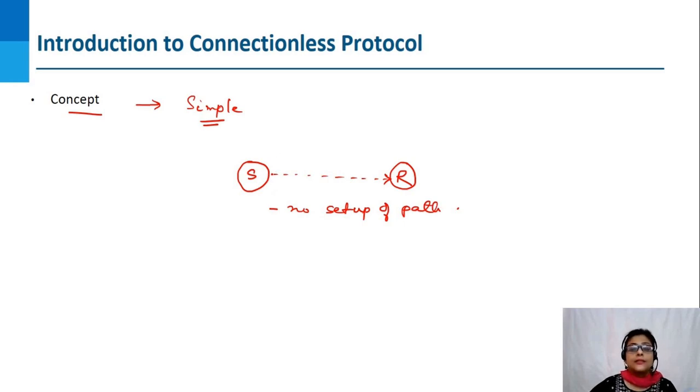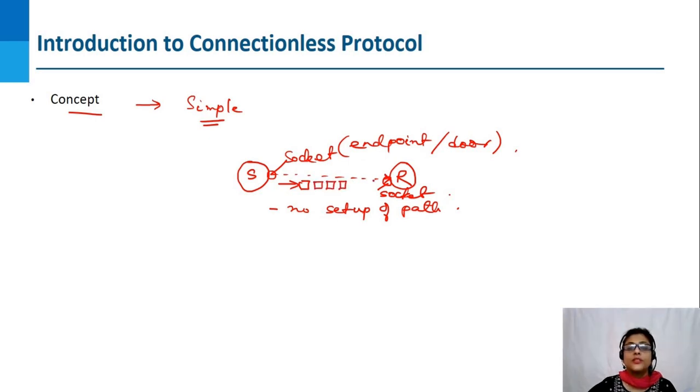Simply, at the sender end, you have to create the socket, which is an abstraction for communication between the two parties. This socket can be treated as an endpoint of a communication link, or it can also be known as the door. So here at the sending end, we must have a socket, and at the receiving end also, we must have another socket. After creation of the socket, the sender can send messages.